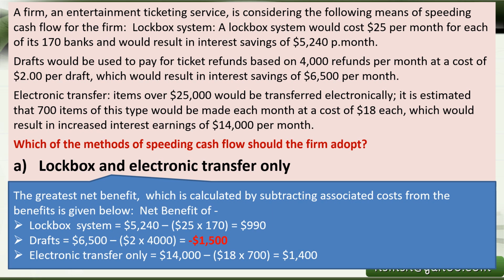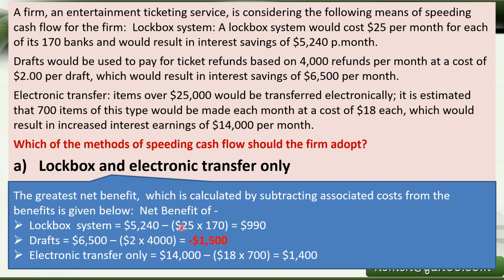If you apply the calculation for each option, first let's see the lockbox and electronic transfer only option. For the lockbox system, the benefit is interest savings of $5,240 per month, and for 170 lockbox arrangements, each will cost $25.